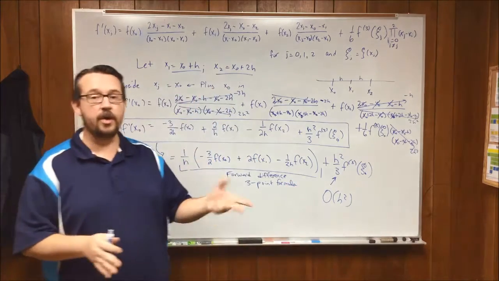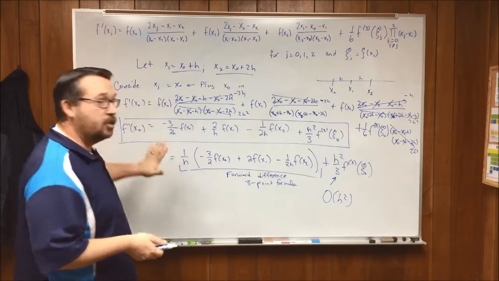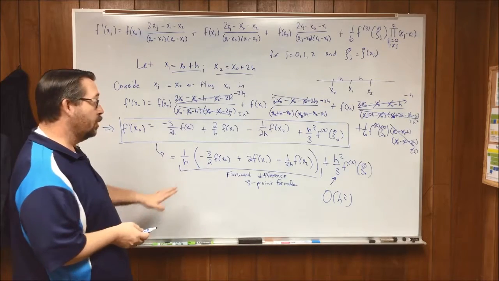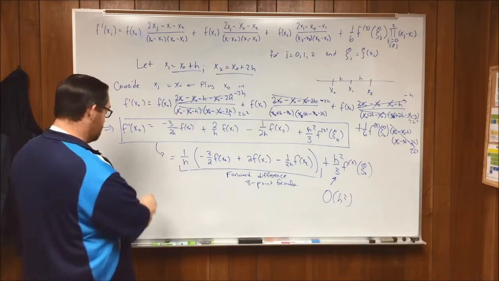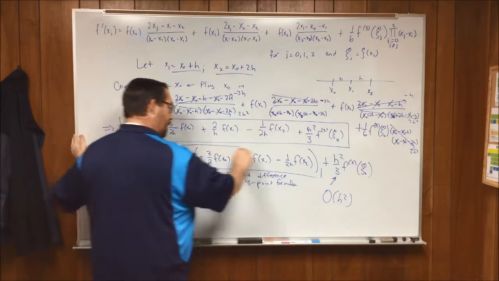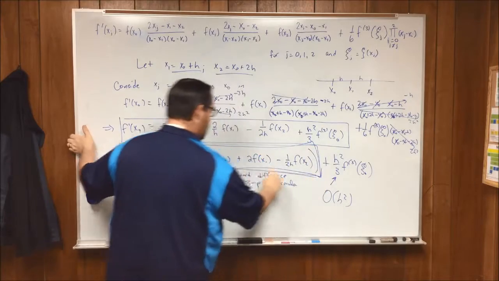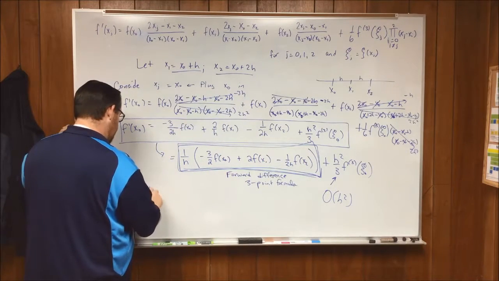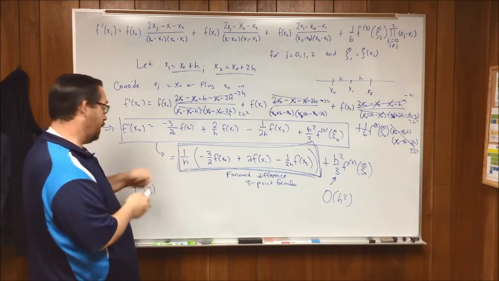Now I'm going to spare you going through the details of plugging in x1 and x2, but I do want to write down the formulas for you, what you get whenever you do the central difference and the backwards difference. So this formula right here you're going to use extensively in your homework. Another one that you're going to use would be if you wanted to do it at the midpoint and you had a previous point and a point after it.